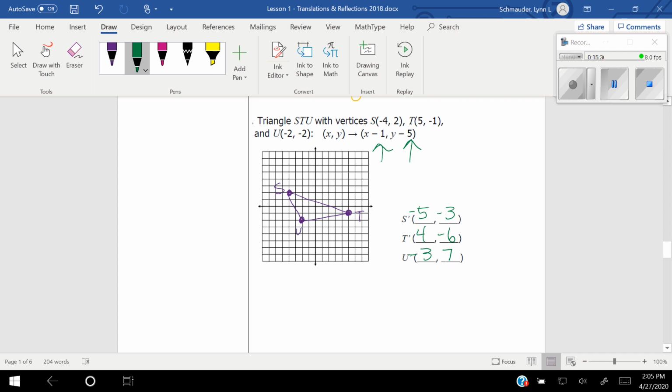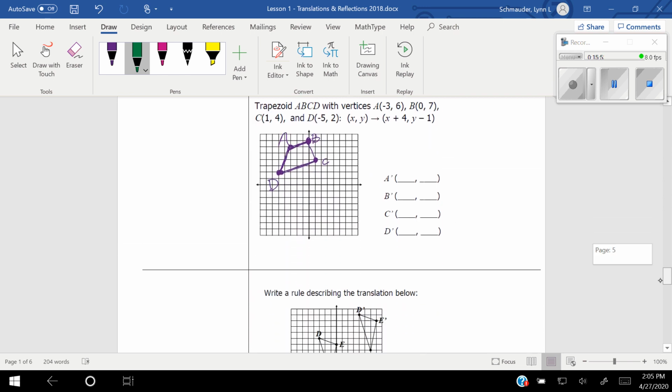Because right, all we got to do is subtract 1 from all of our x coordinates. Right, there's a negative there, don't miss that. And we got to subtract 5 from our y coordinates. So you be sure to sketch that translated triangle in there. In the interest of time, I'm not going to do that.